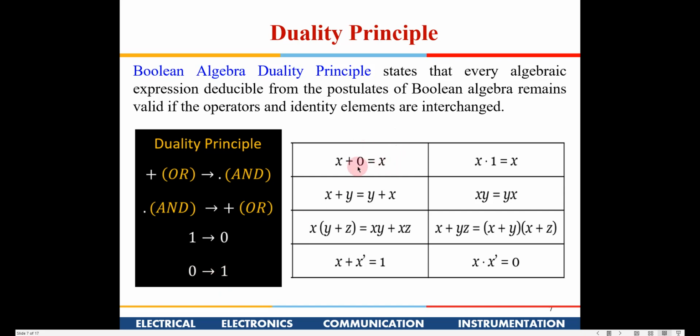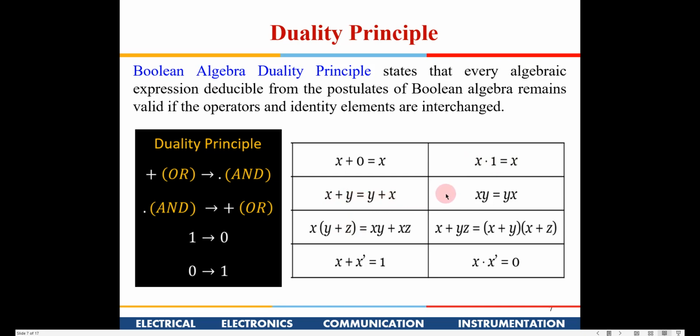For example, x plus 0 is x, that we know. Now we should not keep calling it a plus here because it's a Boolean expression. So x OR 0 is x. Now this OR I am going to replace with AND, and the 0 becomes 1. So x AND 1 is x, right? So it holds, it's true. Similarly, x plus y is equal to y plus x.